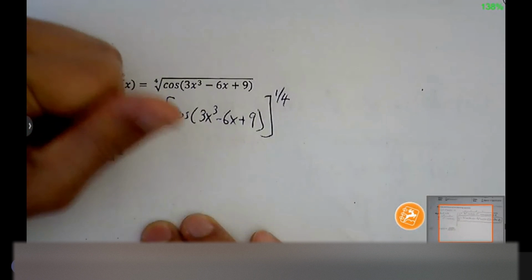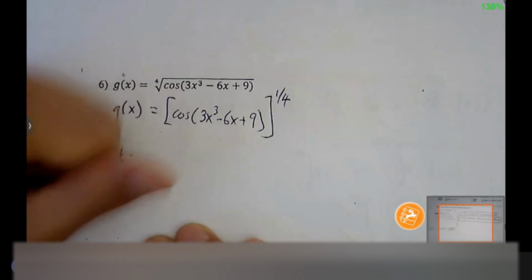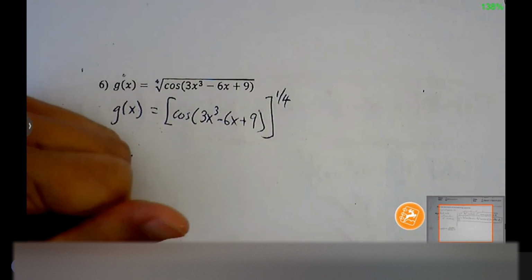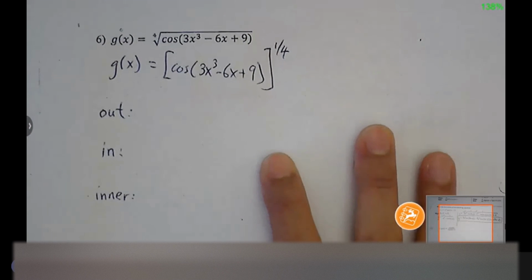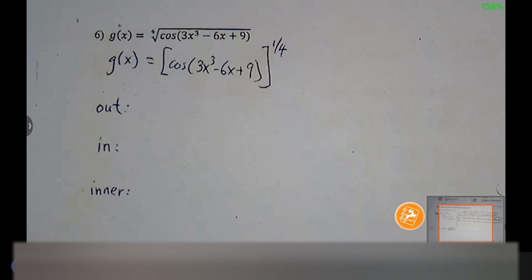Okay, just like number 3, we want to identify the different parts.